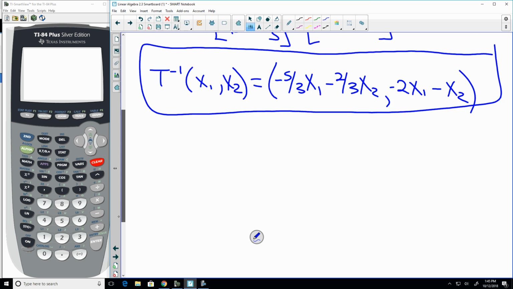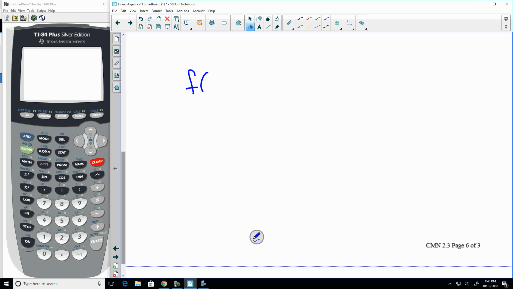If your function was 2 times X, you wouldn't say it. Right. So T is the name of the transformation, and A is the operator. A is part of the operation that you're using.